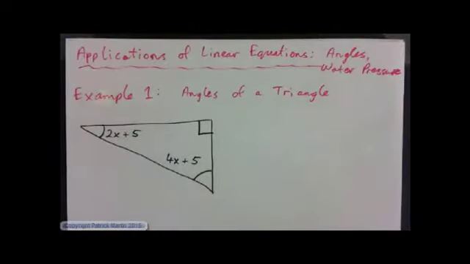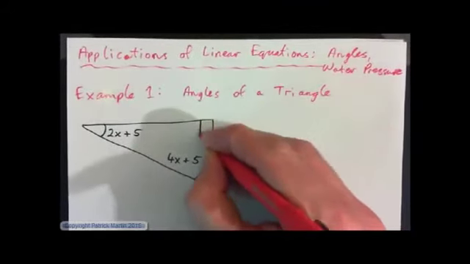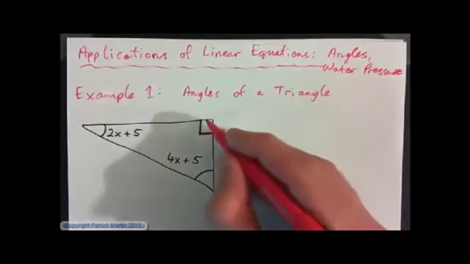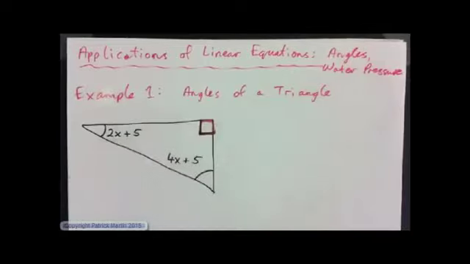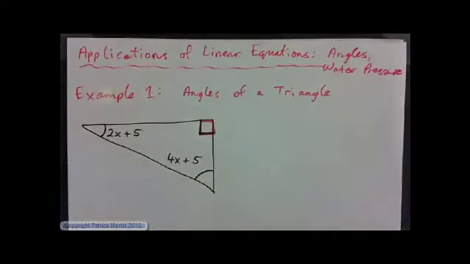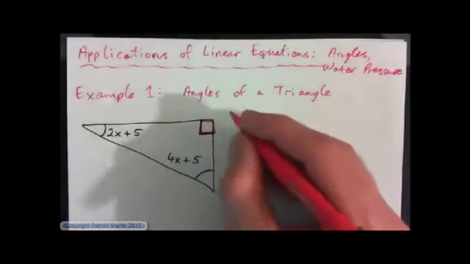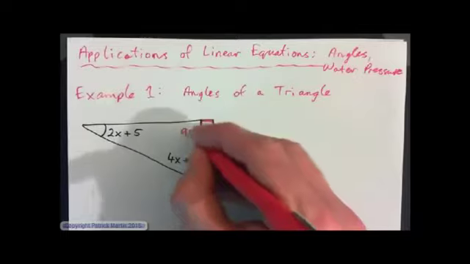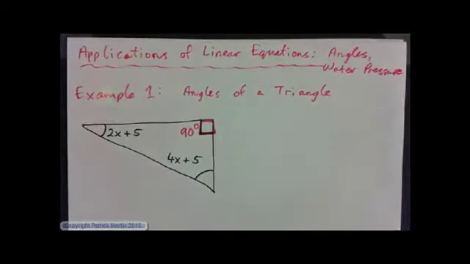What you need to know is that when you've got a corner drawn as a completed square, that means this corner is a perfect square corner, and its angle measure is 90 degrees. So this angle here is 90 degrees, and that's a perfect corner.